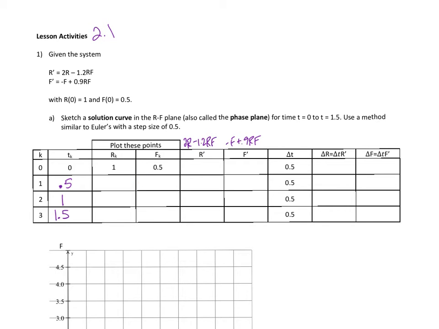And we get 1.4. Okay. Then I use those same r and f values, 1 and 0.5, and plug them into the f prime equation. So I have negative f, which is negative 0.5, plus 0.9 times r, which is 1, times f, which is 0.5, and we get negative 0.05.